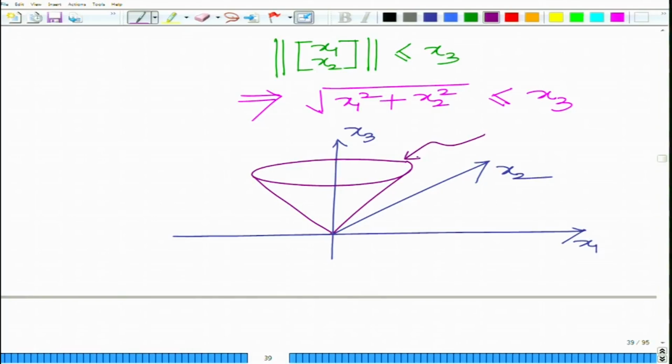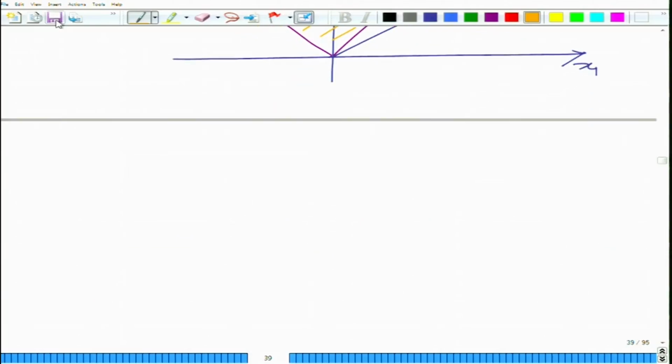This is the region, the 3D cone, the classical conical shape. If you look at the interior of this cone, it is convex, and it is also reasonably easy to show that the cone is a convex region.